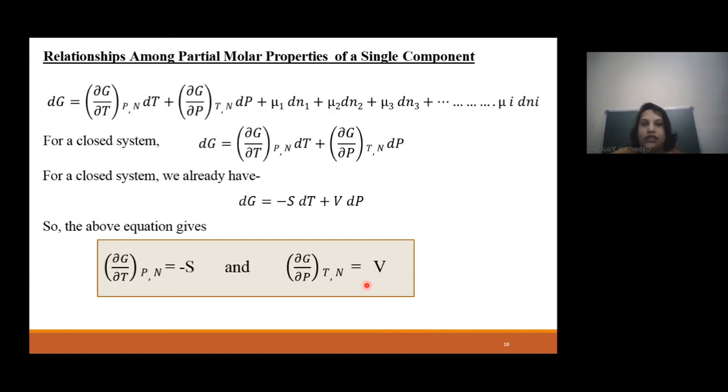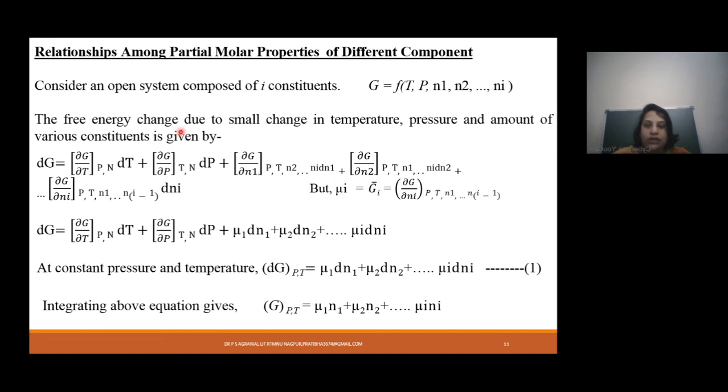Now we will see the relationship among partial molar properties of a single component. When we consider a single component, we know that the equation reduces to dG equals minus SdT plus VdP. So we know that del G by del T is minus S, and del G by del P is V. But when we consider a multicomponent system, we have to consider all these numbers of constituents also.